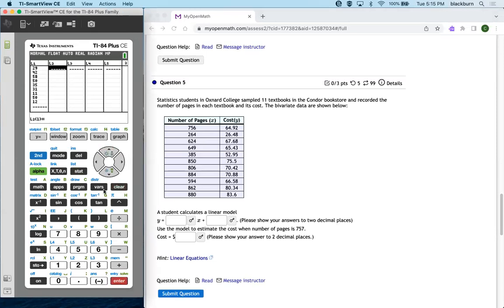I'm going to put those in. So clear, enter on that one. Go up here. We're going to do clear, enter on that one. And I'm going to put these values in. So 756, 264.